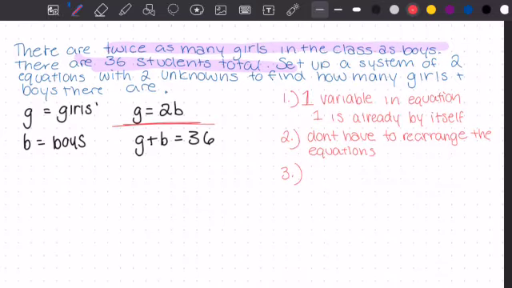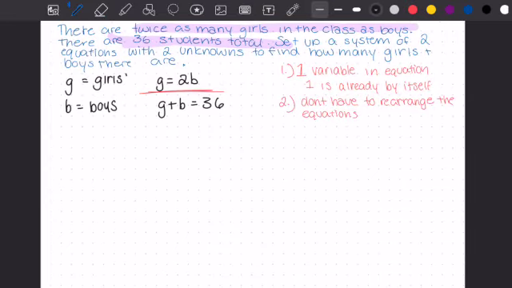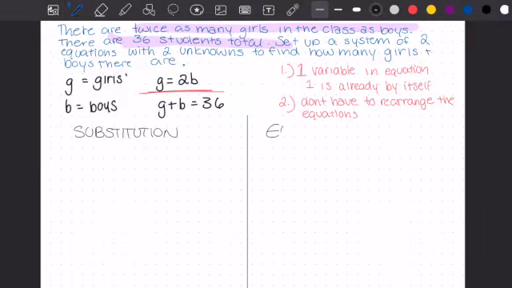I'm going to do both for you so you can follow the steps. So if I split this page down the middle, I'm going to write substitution over here, substitution, elimination.